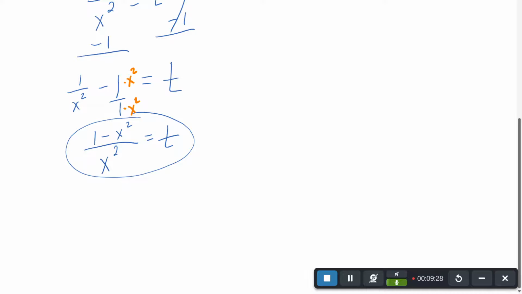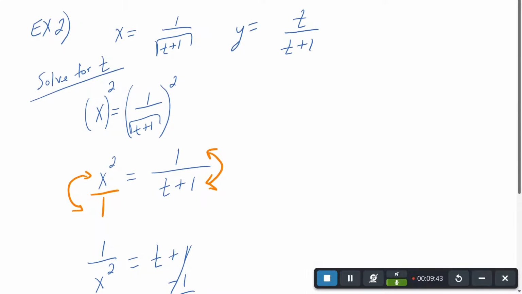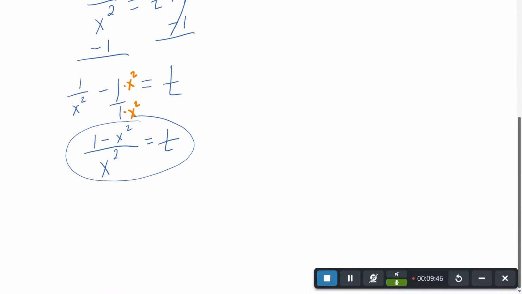And then that chart they showed us earlier said solve for t in one of your parametric equations, and then plug that into the other equation, right? So the other one we haven't used is our y parametric equation, y equals t over t plus 1.